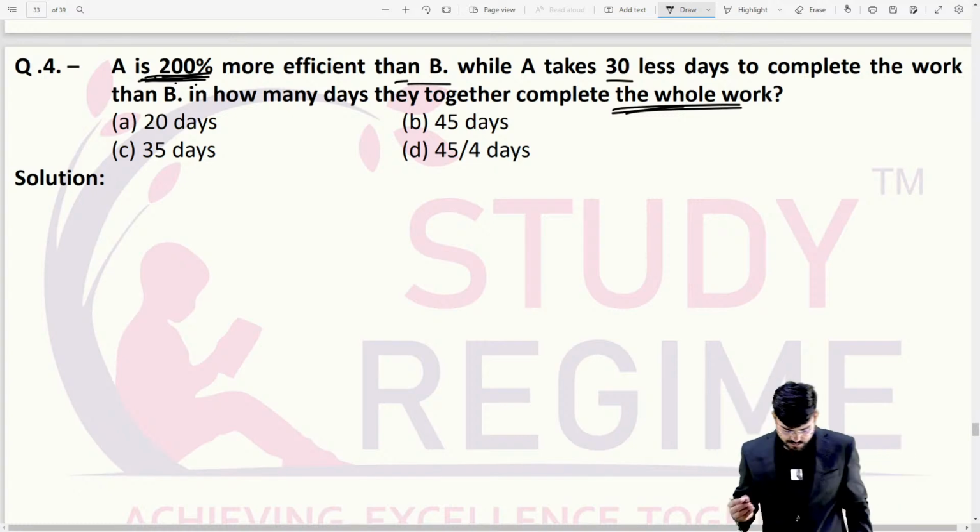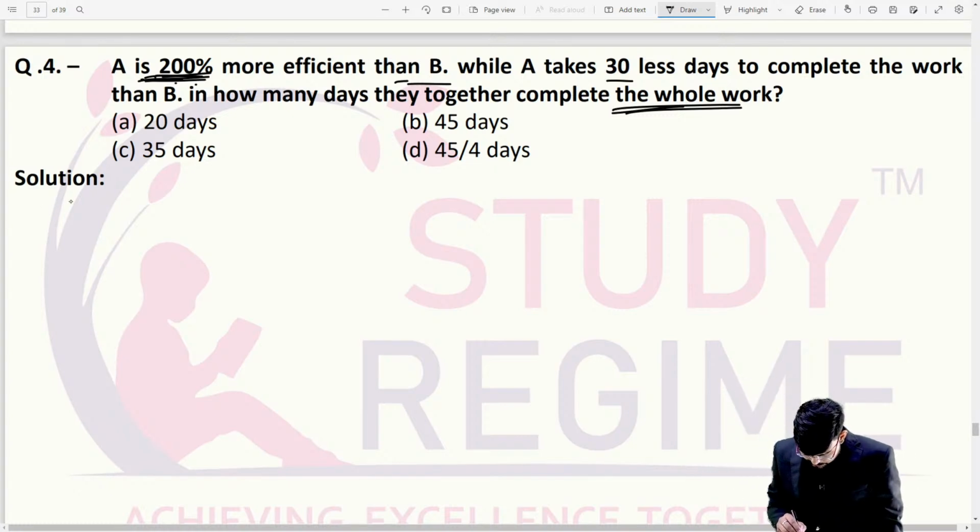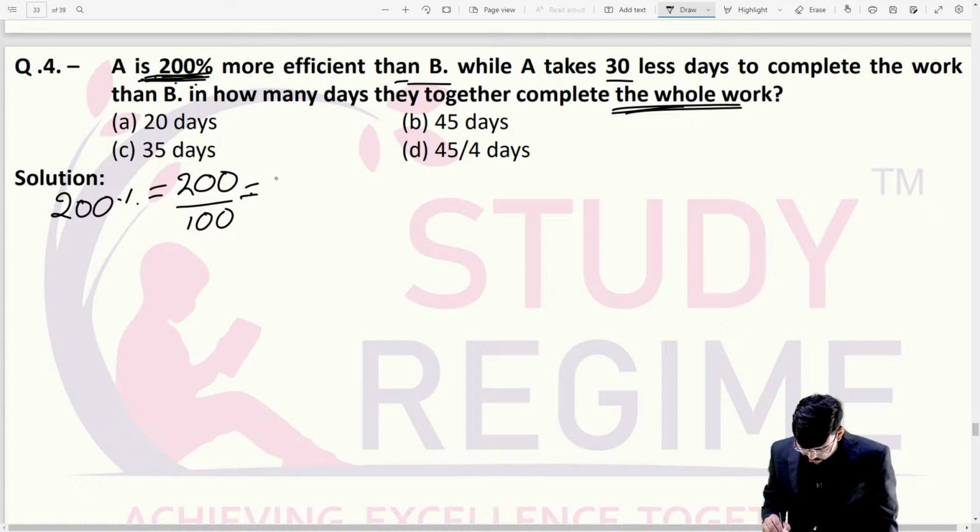Okay, same scenario. 200% is what? 200 by 100, that is 2 by 1.